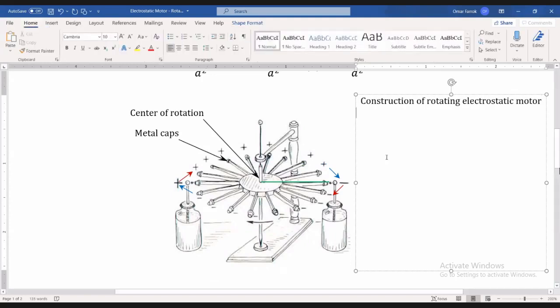It is constructed with positive and negatively charged ions, which are located here. We need two separate electrodes. One is positively charged and another is negatively charged. To obtain the positively charged electrode, we need a jar or container.